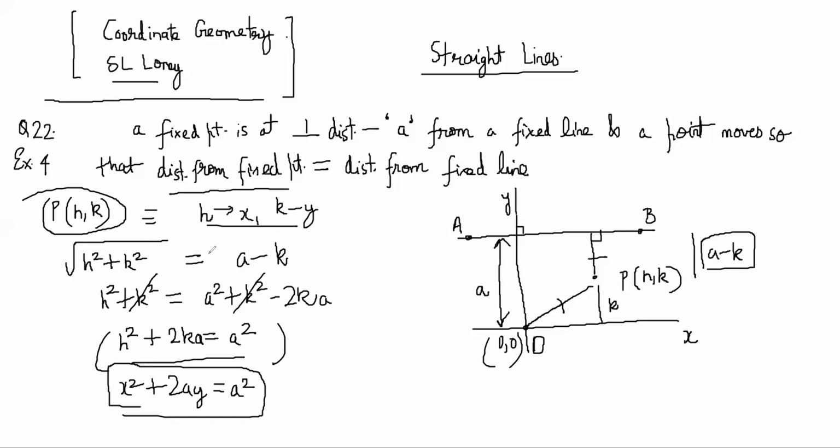So in this question, the key thing is to read the question carefully and draw a proper figure. The fixed point is the origin, the fixed line is at a distance A from the origin, and the variable point is moving in such a way that this distance is equal to this distance.